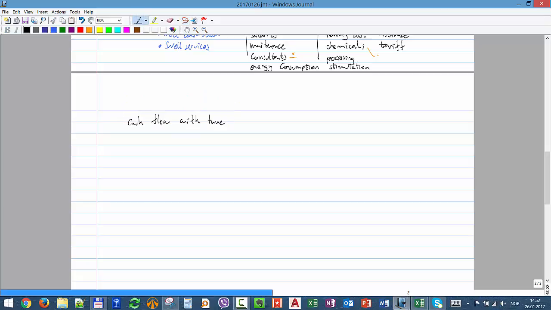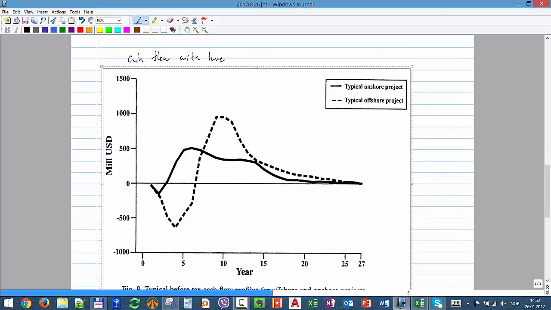I guess you have seen this picture before: at the initial phase of the project we have very big expenditures, and if it's an offshore project, that really is a very deep valley where we are taking loans and just spending money. Then at some point we start producing and getting revenue. And then that decline is just because the production is also declining, so the revenues are also declining with time until I reach maybe a minimum.